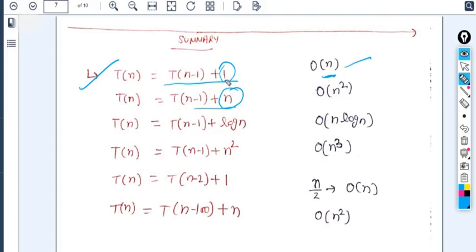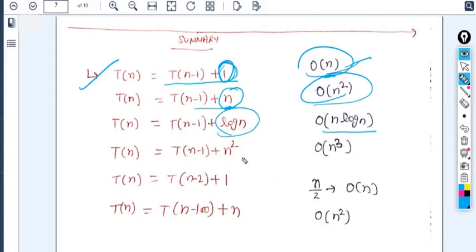So you just multiply this f(n) function by n. Here it is 1, multiply it by n, it will come order of n. Here it is n, it will become n square. This is log n, it will come n log n. This is n square, it will come n cube. So multiply these things by n only, you will get the time complexity.